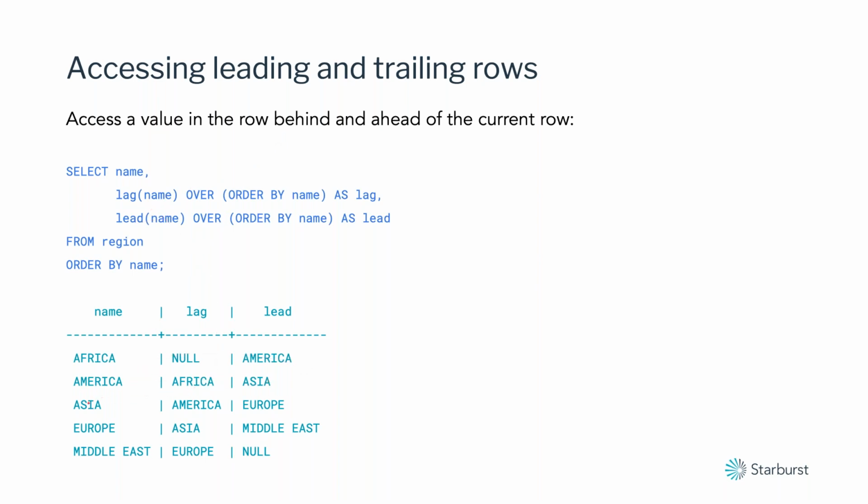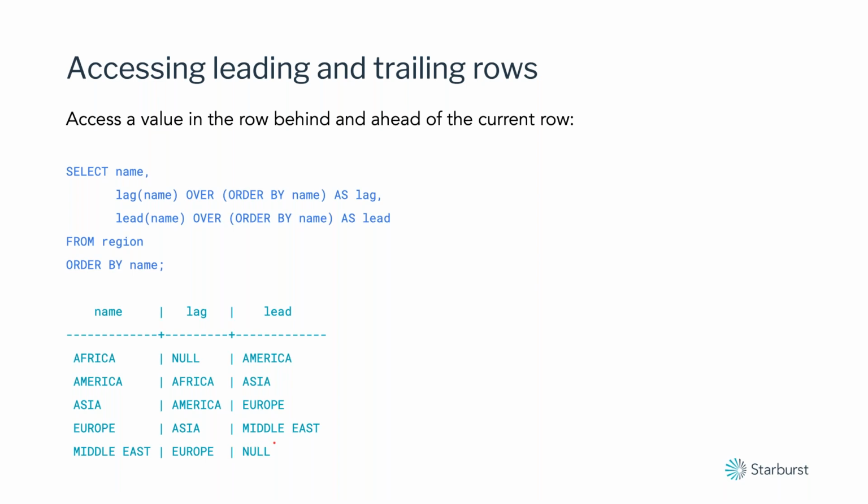And so we go to Asia and we say, what row is behind it? We get Africa, or for what row is behind Asia is America, what row is ahead of Asia is Europe, and so on. And then for the last one, what row is ahead of it is null. And for Africa, what row is behind it is null, because there is no row behind the first one, and there's no row after the last one.